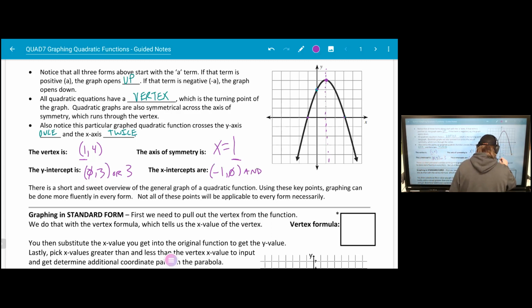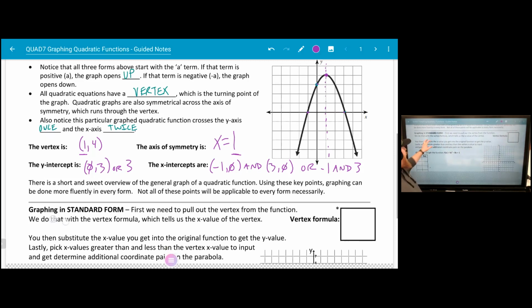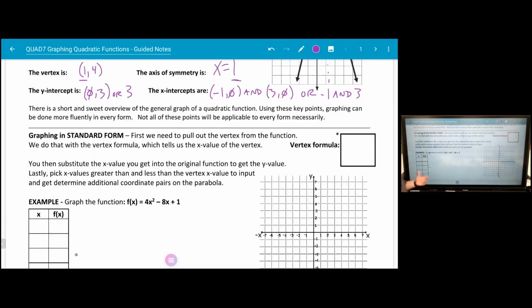Or you could just say -1 and 3. These are 4 things we're going to need to know in each of these, but we need to figure out how to get to this point. All 3 of these have different ways to find these 4 things. The first one we're going to call standard form, graphing in standard form.